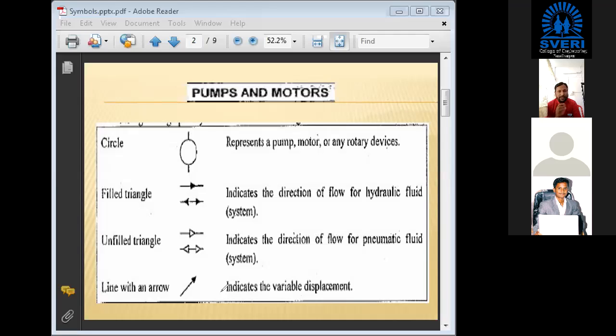So for variable displacement, you can show it by an inclined line with an arrow. That arrow should be filled. The line with the arrow indicates that there is a variable displacement.